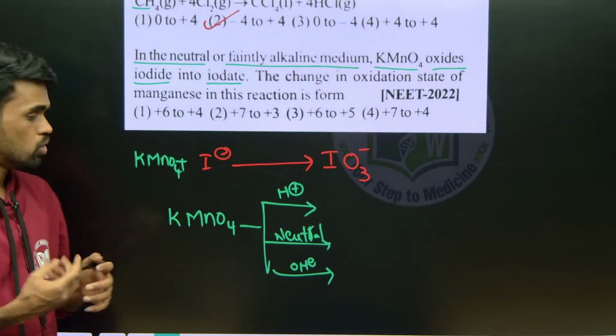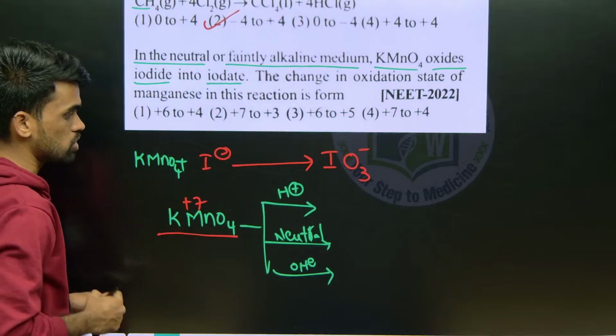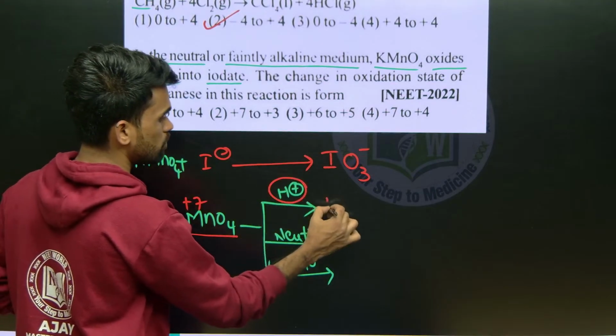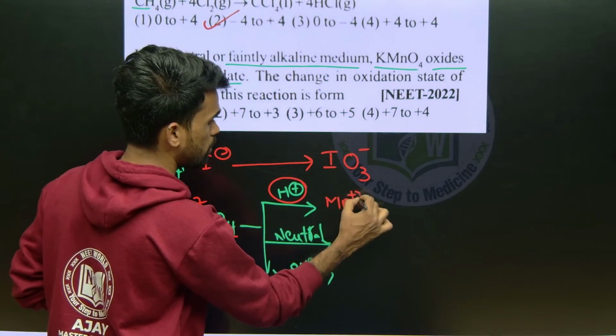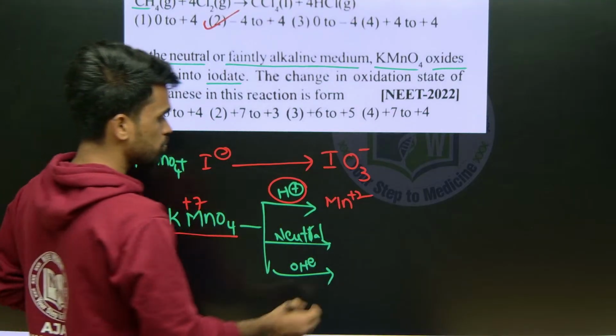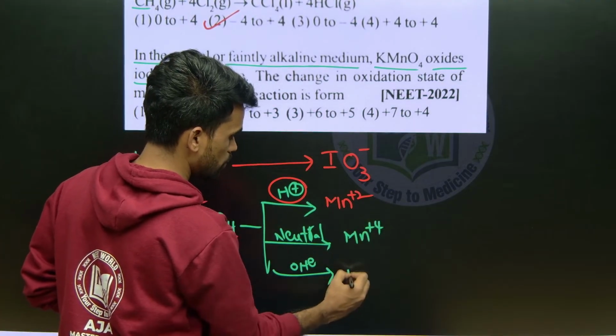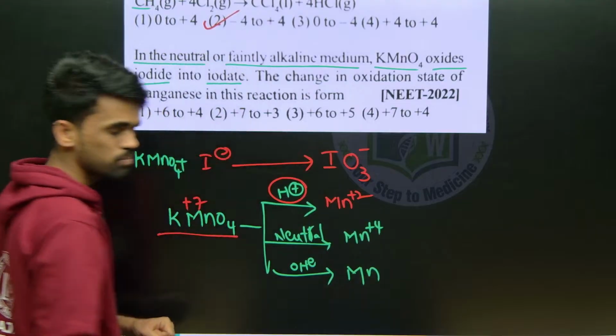In acid, KMnO4 with +7 oxidation state converts into Mn+2 ion. In neutral medium it converts into Mn+4, and in strongly basic medium into +6.